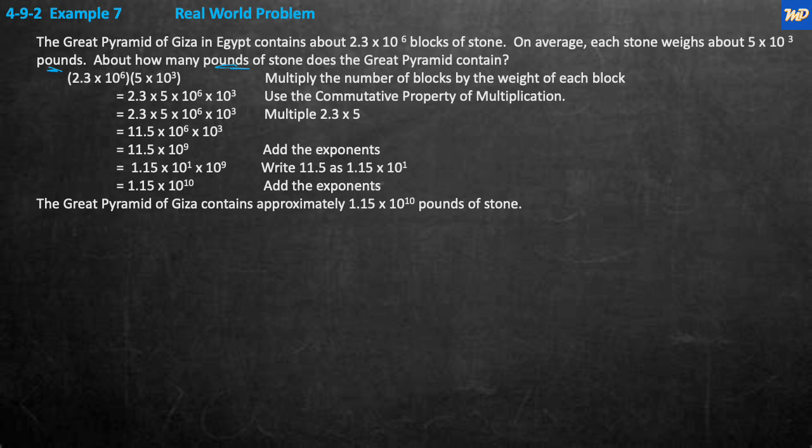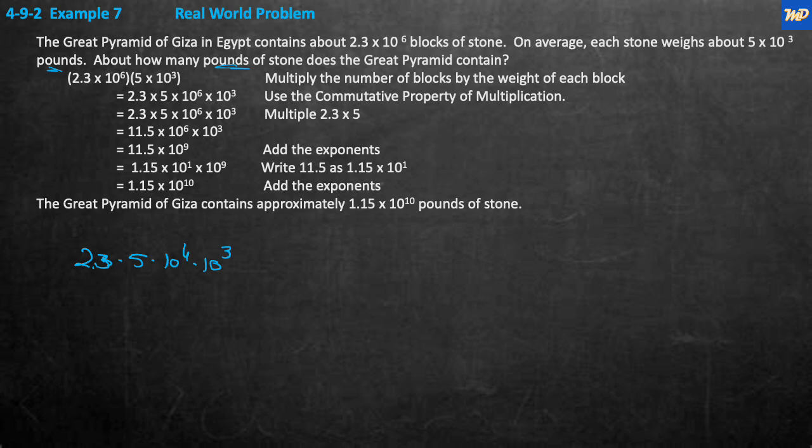So we've got a 2.3, and we have a times 5 times 10 to the 6th times 10 cubed. I changed the dots for the multiply. It comes out a little easier. So what is 2.3 times 5? Well, that's going to be 2 times 5 is 10, and 0.3 times 5 is what?